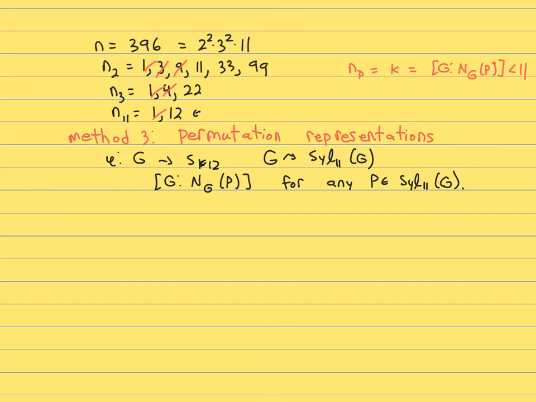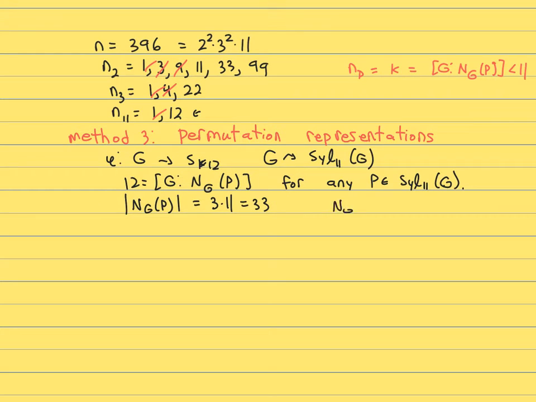So fix your favorite one. What does that tell you about the order of the normalizer? Well, it's going to have to be the quotient, so it's got to be 3 times 11, which is 33.